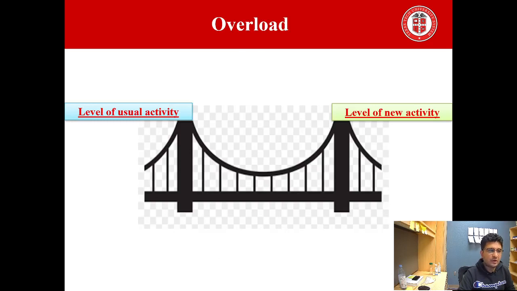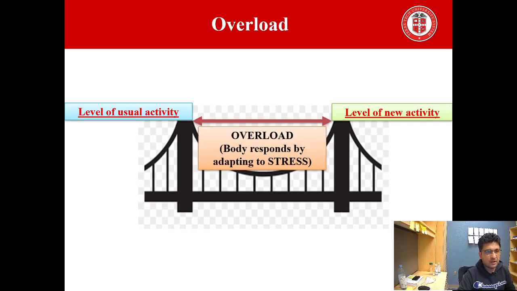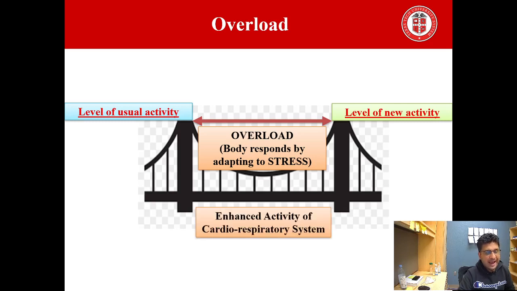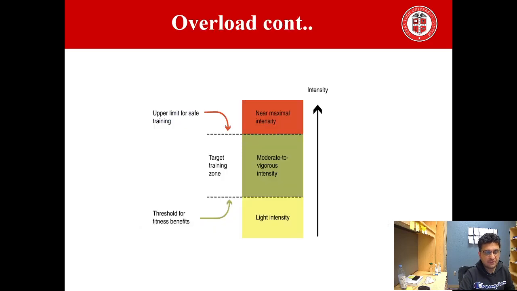Overload is basically an increase in the amount of usual activity to produce stress on your body so that it makes our cardiorespiratory system work more, and this will help to achieve our specific goals as far as exercise is concerned.